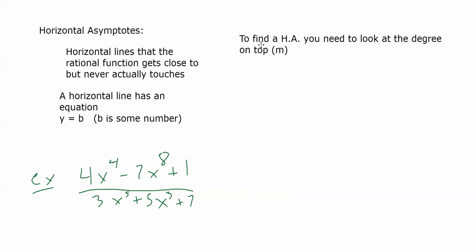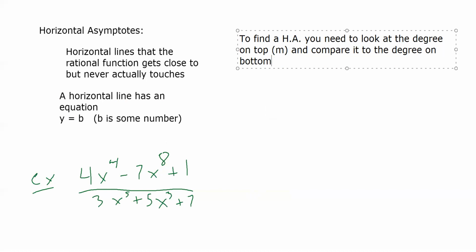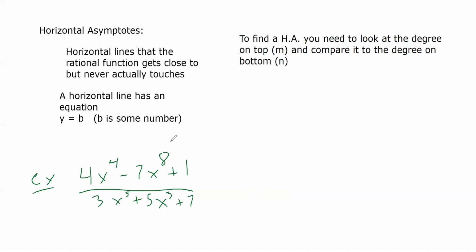So continuing on, to find a horizontal asymptote, you need to look at the degree on top, M, and compare it to the degree on bottom, which I'm going to use an N to represent. So for this particular rational, M, the degree on top, is 8. N, the degree on bottom, is 5.